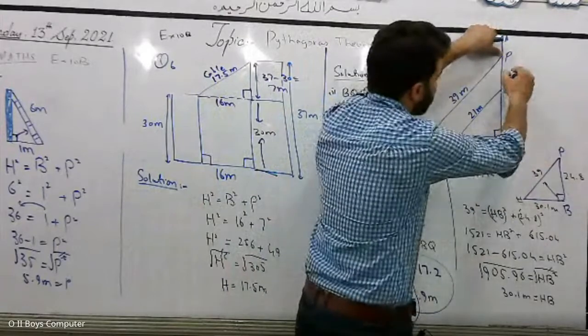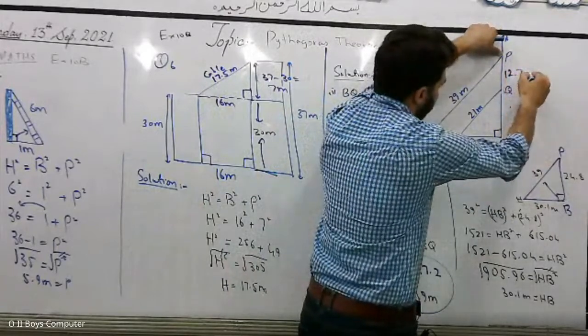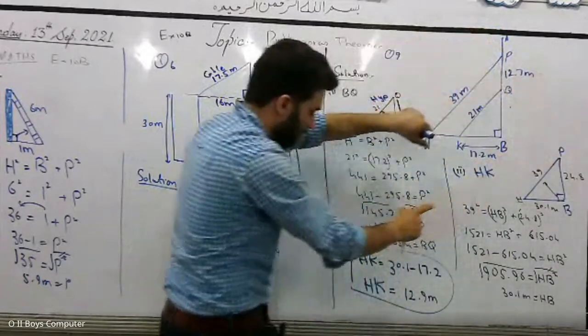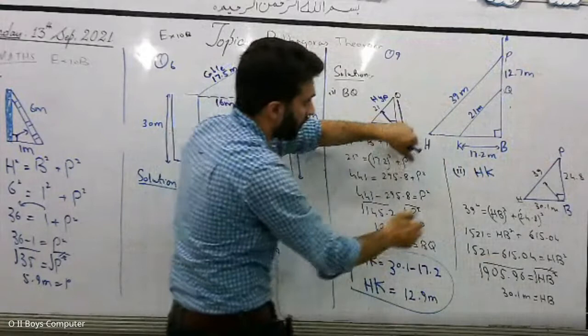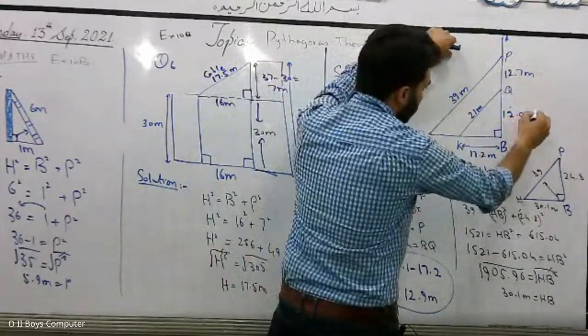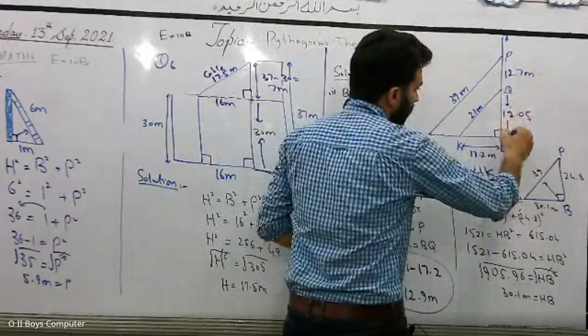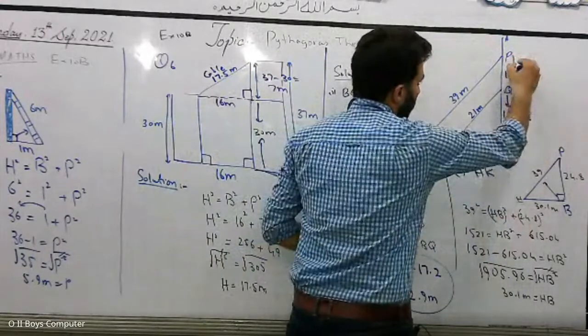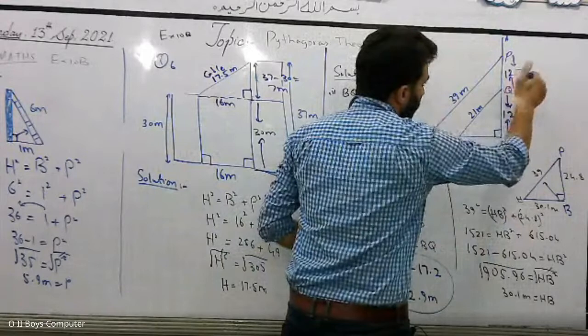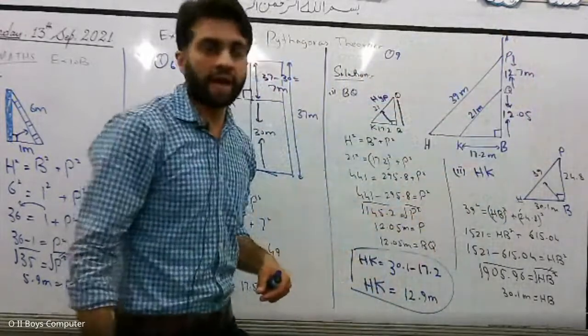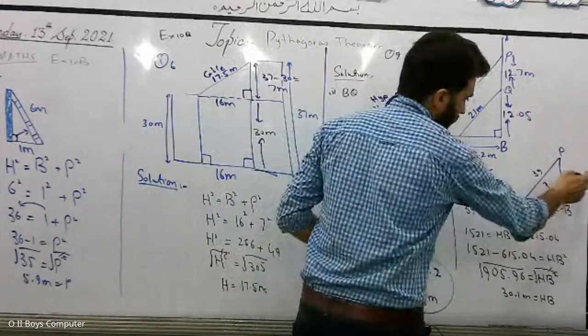Okay, 12.7 is given in the question. PQ is given in the question. BQ we have found out in part number 1, which is 12.05. So when you add BQ and PQ, these two values, you will get the total perpendicular, and that is 24.8.